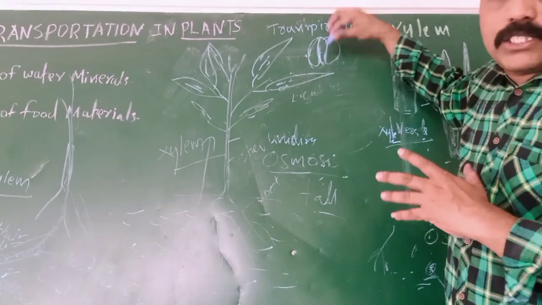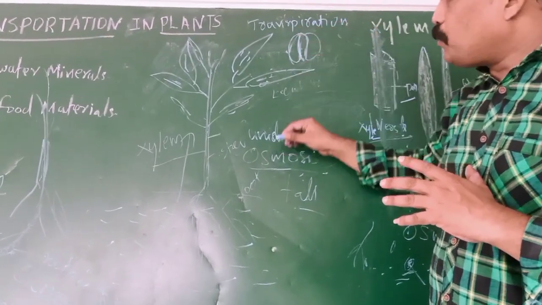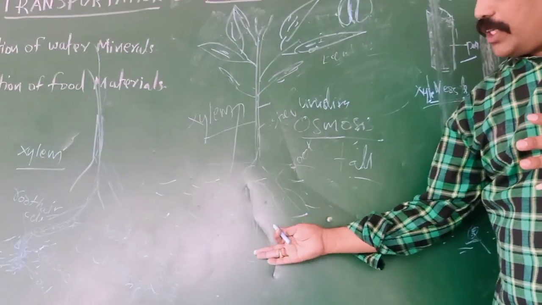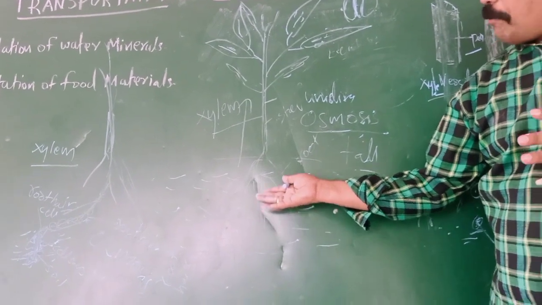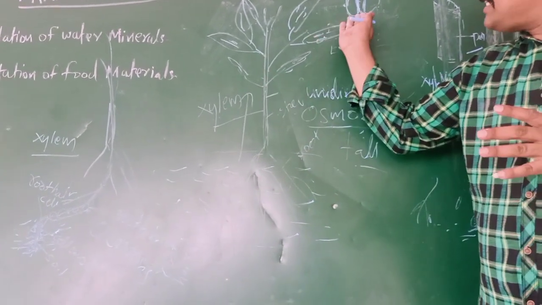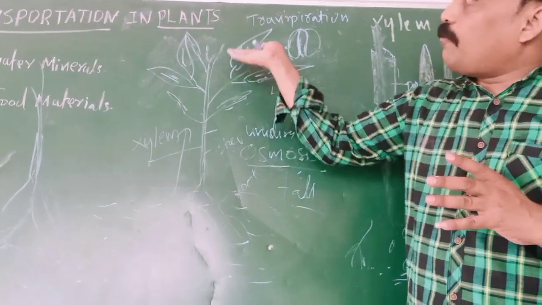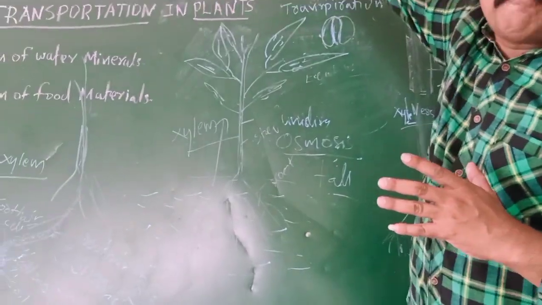They evaporate. What do they evaporate? Excess water. Excess means what? In the plant body, whatever water is absorbed by the roots is supplied upward. But with transpiration, there is an extra advantage: it is useful to supply the water in tall plants also, from downward to upward.